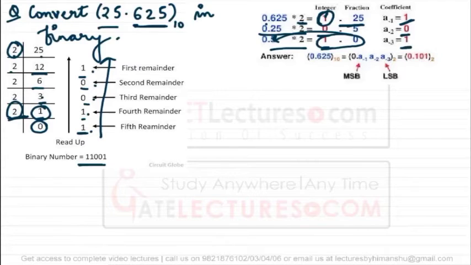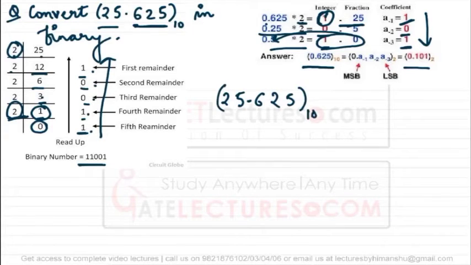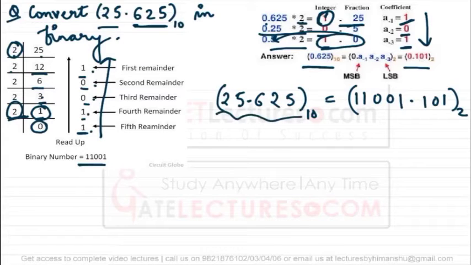And how do we read it? You read it like this. So the binary form for 0.625 is 0.101. So what is 25.625 in binary going to be? It is going to be 11001.101. This is the binary representation of the given decimal number.